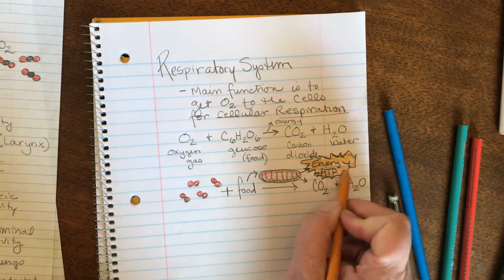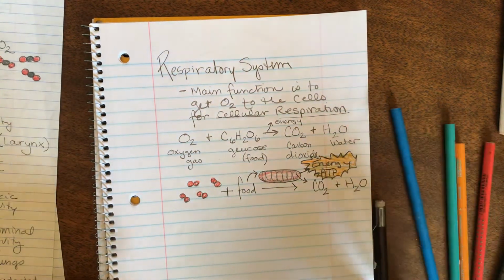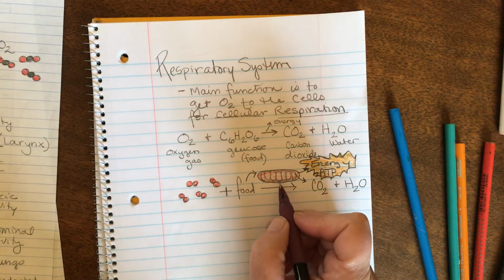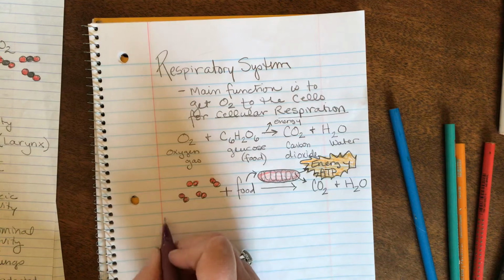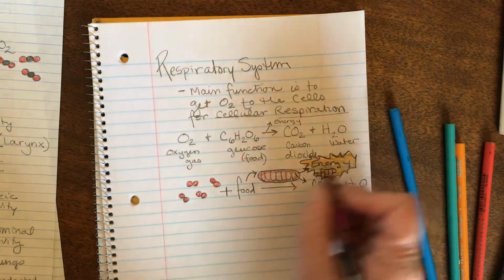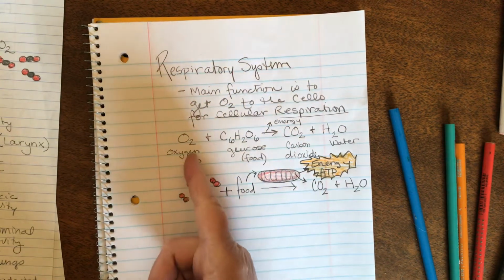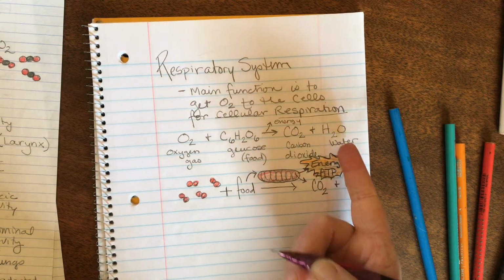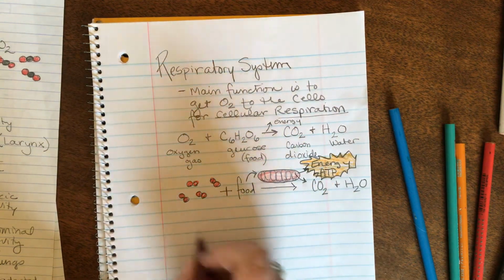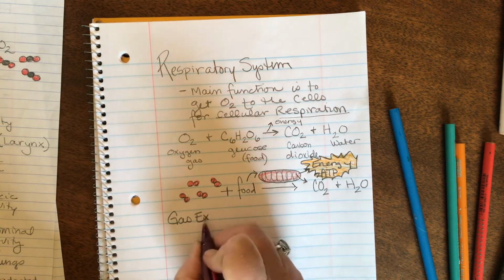And it's not just your body, but every living thing is using the same process that is eukaryotic, certainly not the prokaryotes, but we're not really talking about that today. So we're going to call this system of pulling in oxygen and food and spitting out carbon dioxide and water something along the lines of gas exchange.